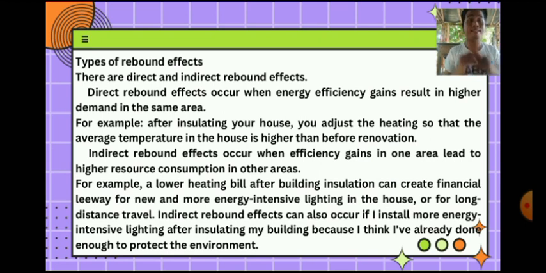So yes, start with this. There are two types of rebound effects, and I hope you don't get confused about the definition of these two, because they are widely different, although there are some connections. First is direct rebound effects, which occur when energy efficiency gains result in higher demand in the same area.